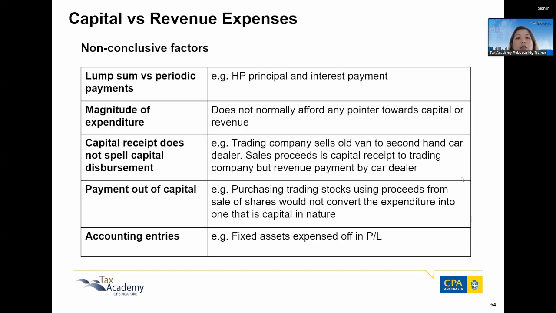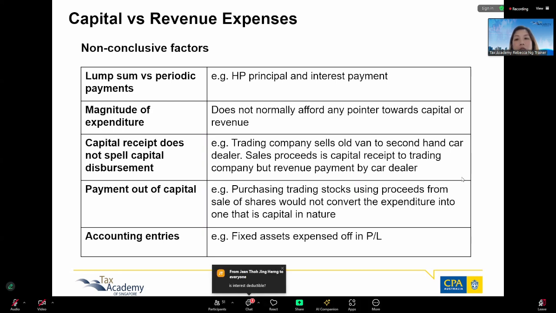So this principal that you are paying is actually the cost of the asset, the van, but it is divided over a period of time. So does it mean that by paying this over a period of time, it qualifies as revenue expenses? No. We always look at the nature of the expenditure that the company is incurring.